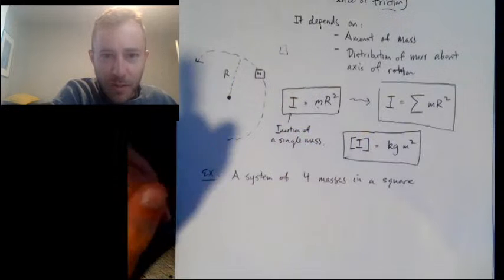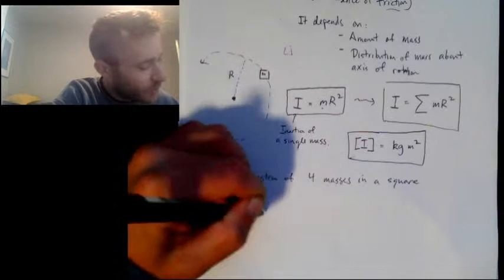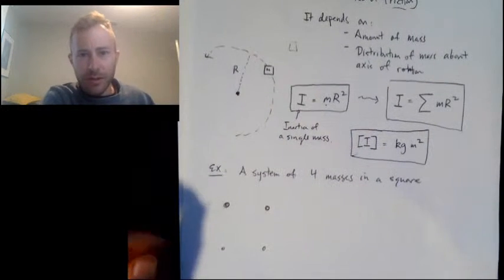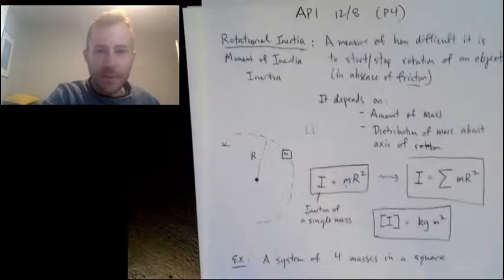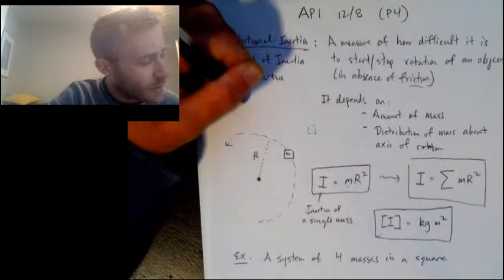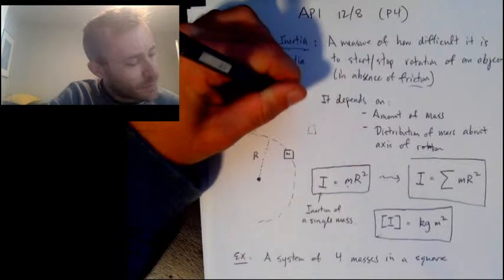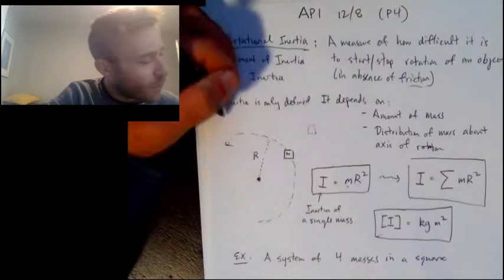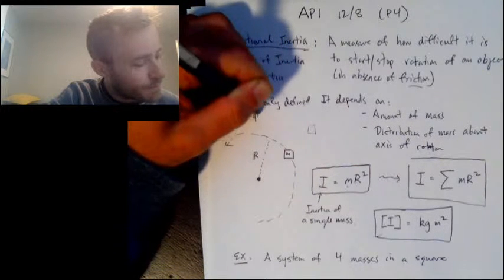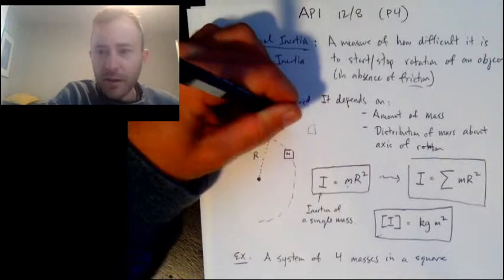All right, so we have 4 masses in a square. Let me draw the square. One thing I forgot to say is that inertia is only defined for so-called rigid bodies.